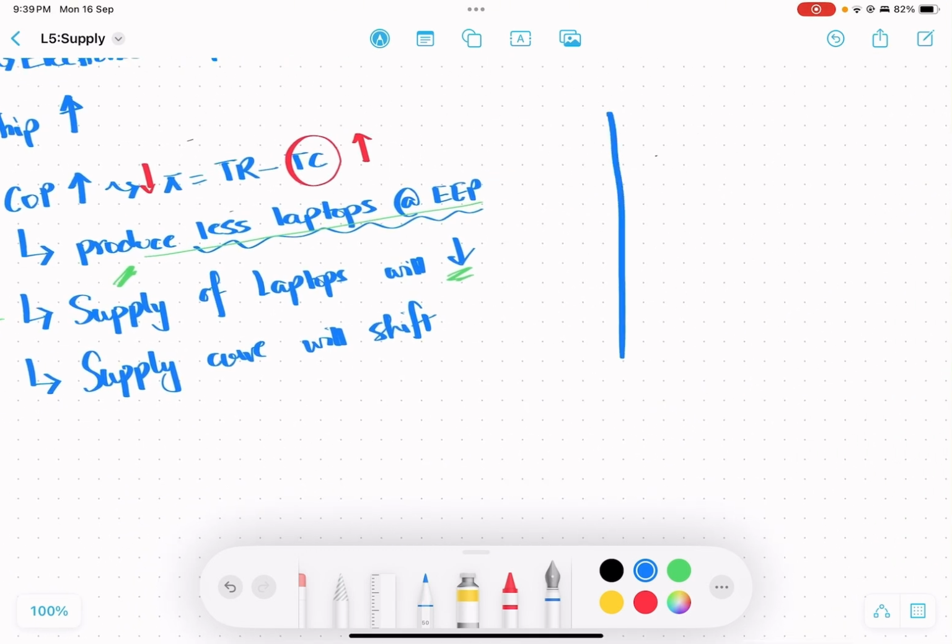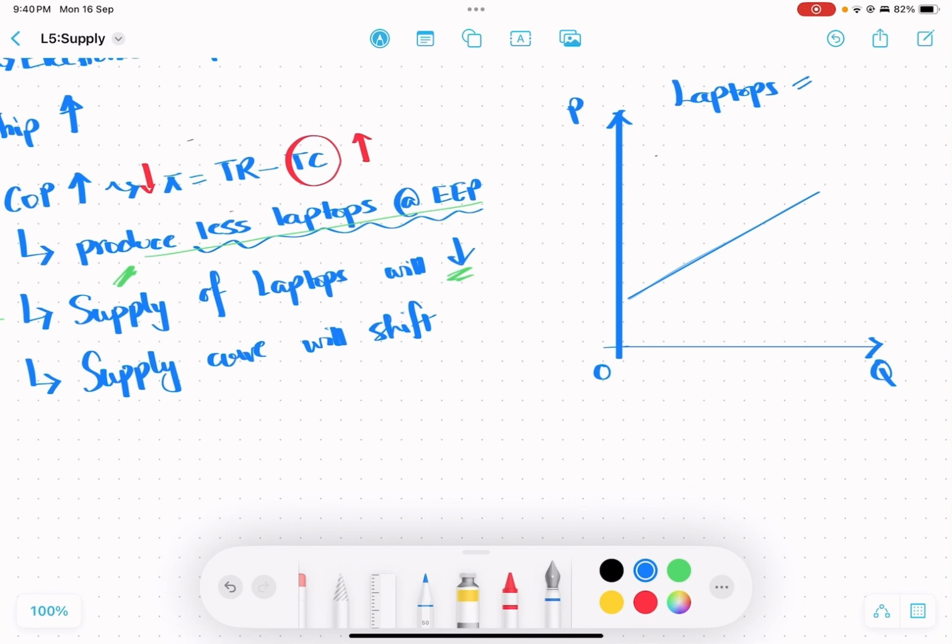Let me draw the supply curve here. This is the supply curve of laptops. Always write the product at the top so that you don't get confused about whether you're talking about the input or the product itself. Write down that the analysis we're doing is for the product, that is laptops. Let's say this is the supply curve we're dealing with. Whatever the price is, let's say it's P1, and at this price the firm was producing 2,000 units.